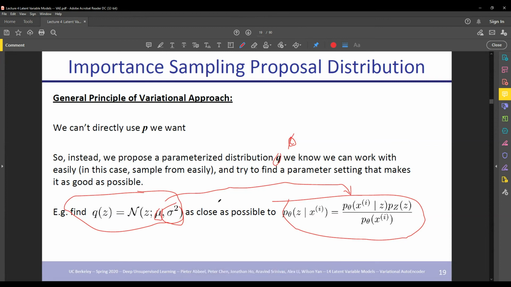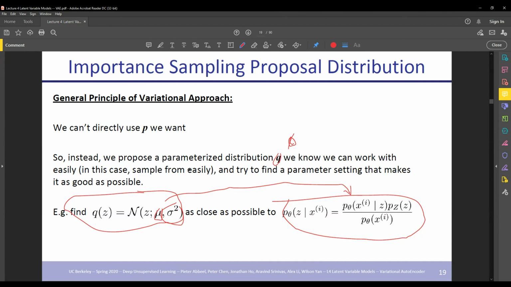Now, the important thing that he highlighted, which is a detail but worth making the point, is that any distribution Q of Z will work in the importance sampling approach. This additional step whereby we make Q of Z as close to the posterior as possible helps us make the process much more efficient. That is, the samples that we take can be fewer and much more informative.